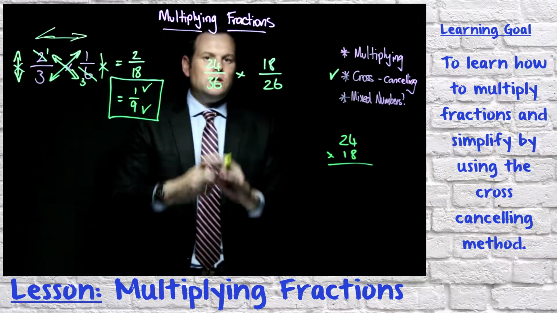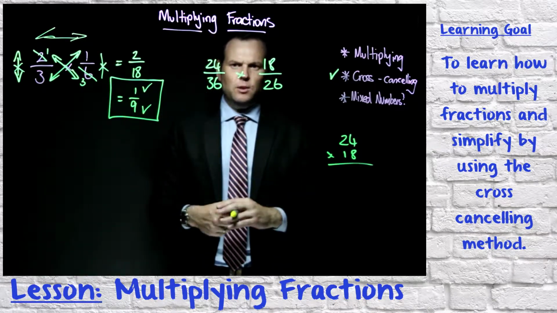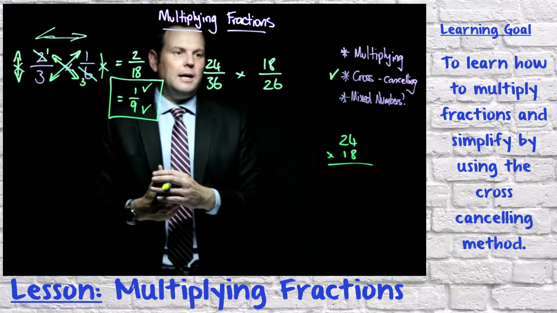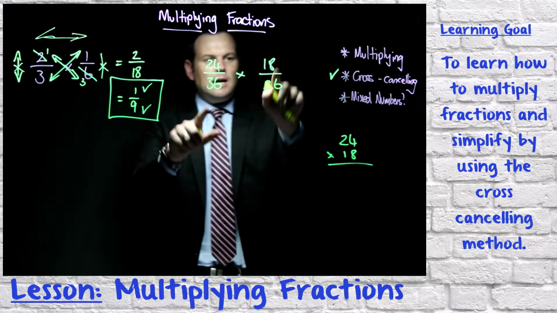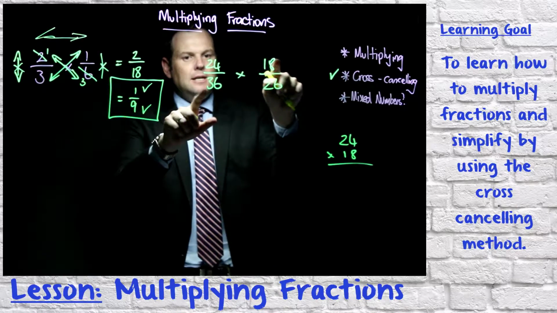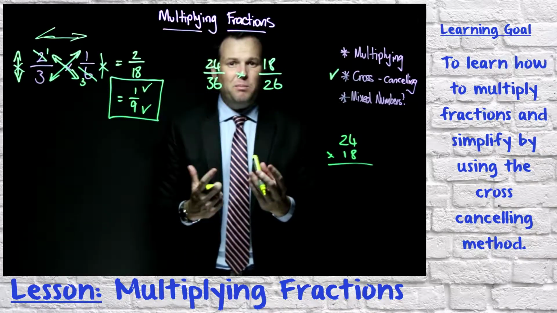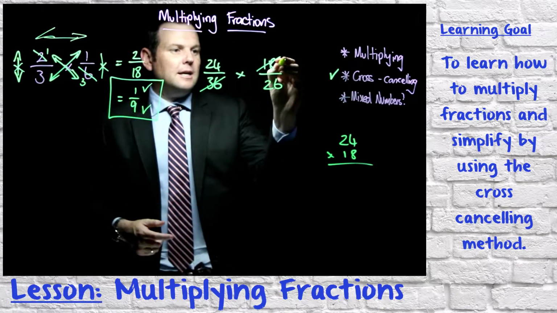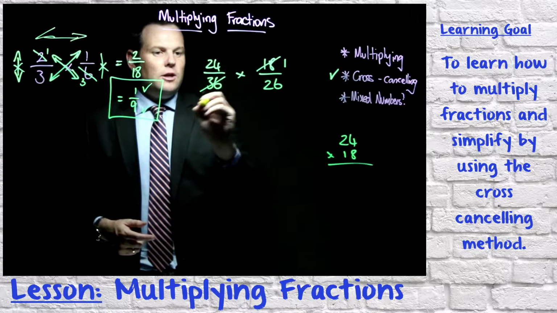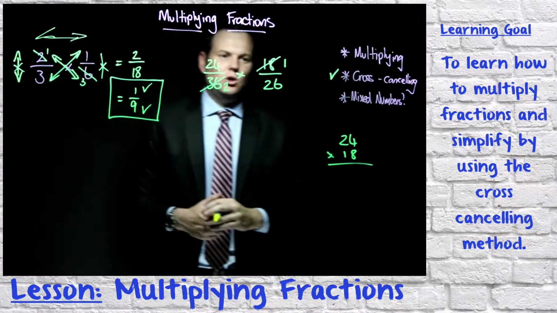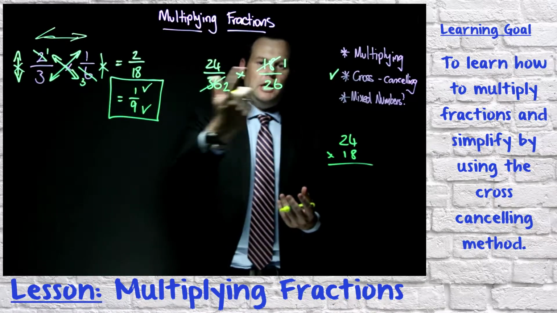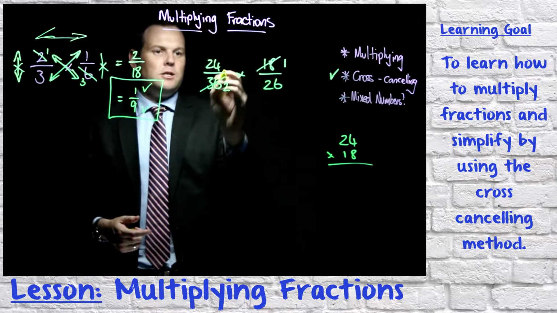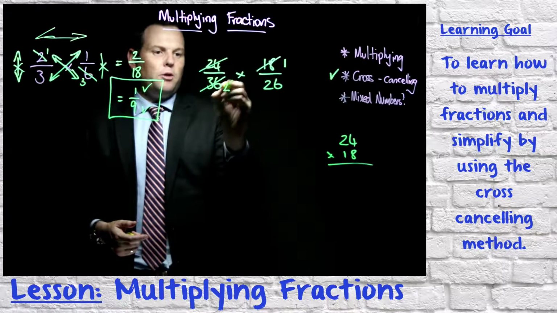Now, when we look at a question like this, it's really big. So let's do some cross-cancelling to make it a little bit easier. I'm going to start with these two here because 18 and 36, I can divide both of those by 18. So 18 divided by 18 gives me 1, and 36 divided by 18 leaves me with 2. Straight away, how much easier is that to do? But I can keep going. Let's simplify these two. Let's divide them both by 2.